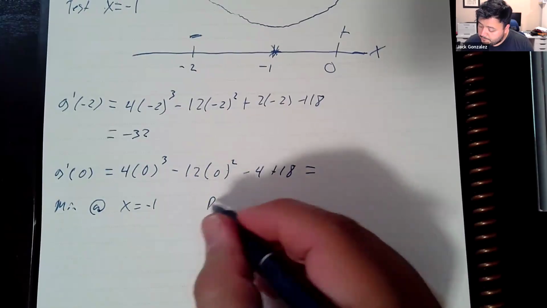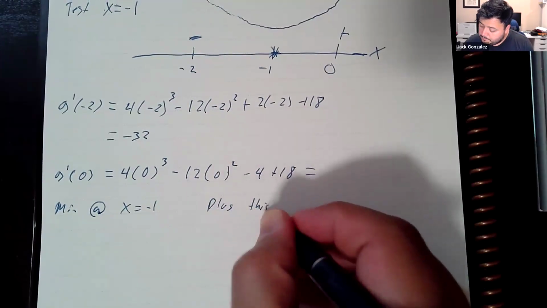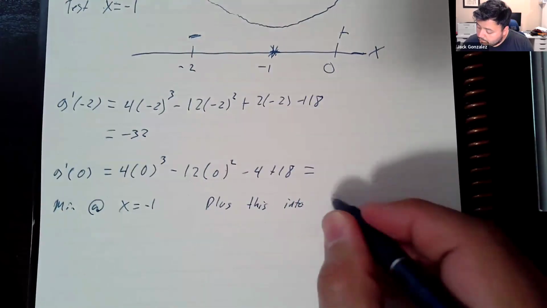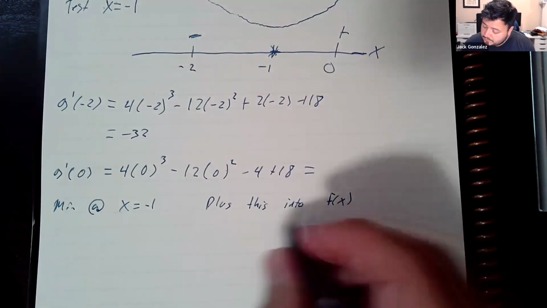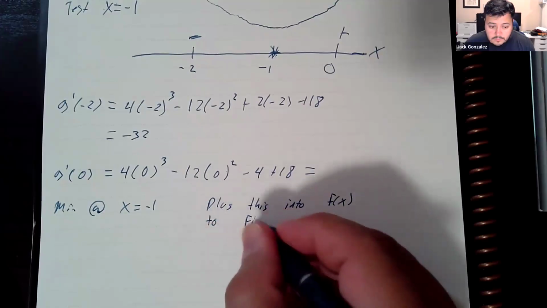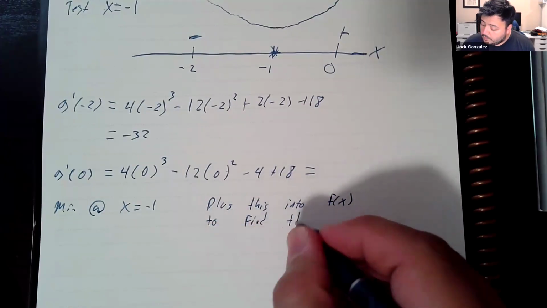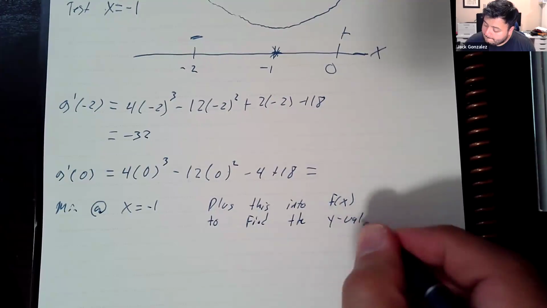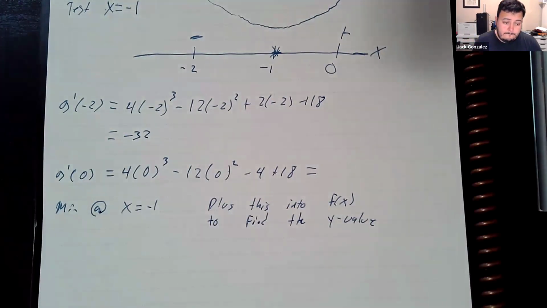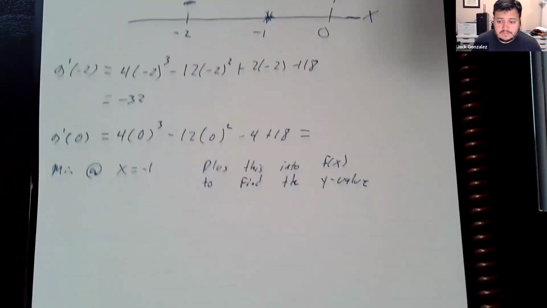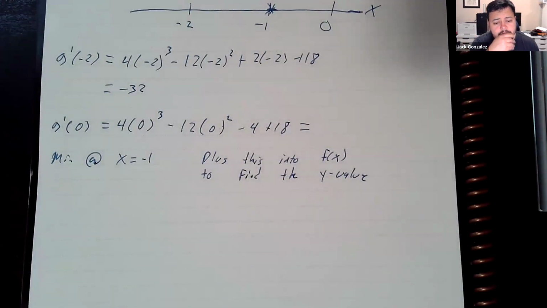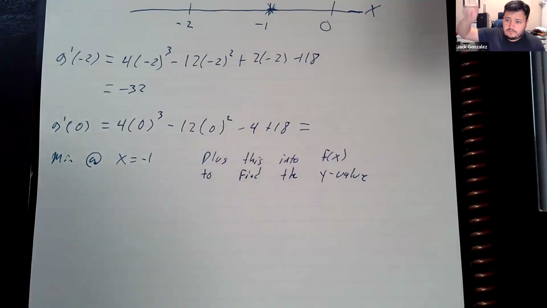So plug this into f of x to find the y value. Back to the original. By original, I mean, no, it would be f, because we want the point on the graph, right? That's what we're searching for. So put it in f.